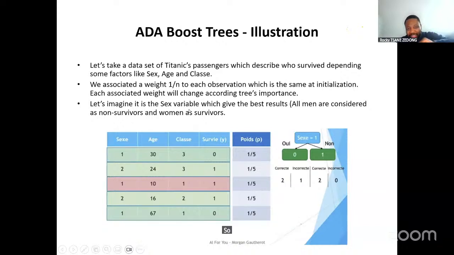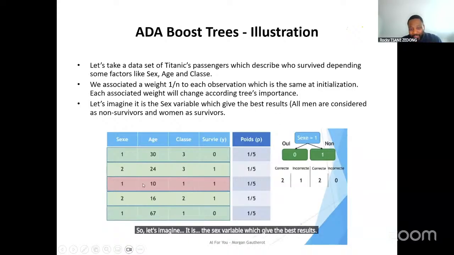So let's imagine it is the sex variable which gives the best results. Here you can see all the men are considered non-survivors and women survivors. Here 2 is a woman, considered a survivor in our data set.